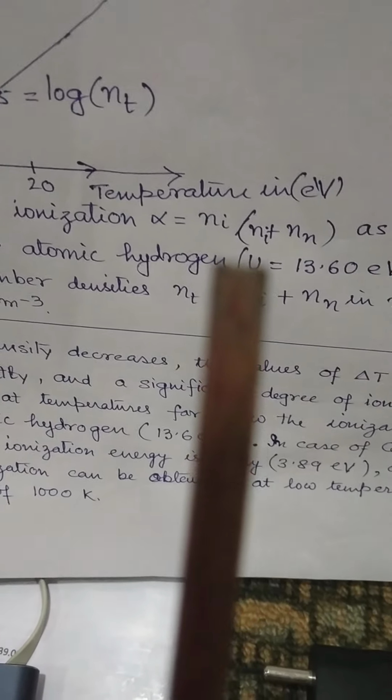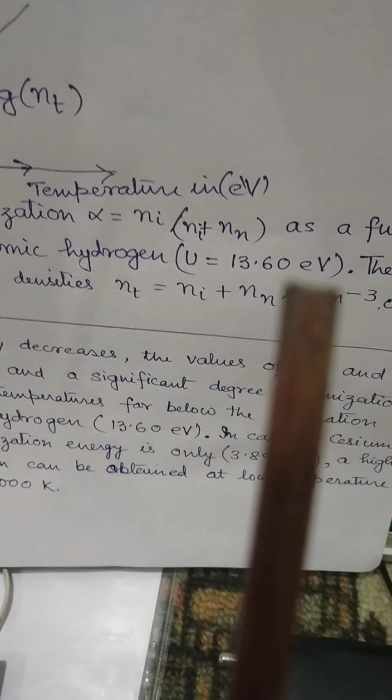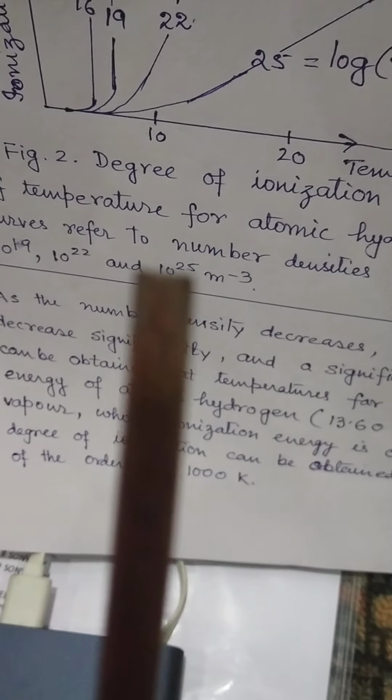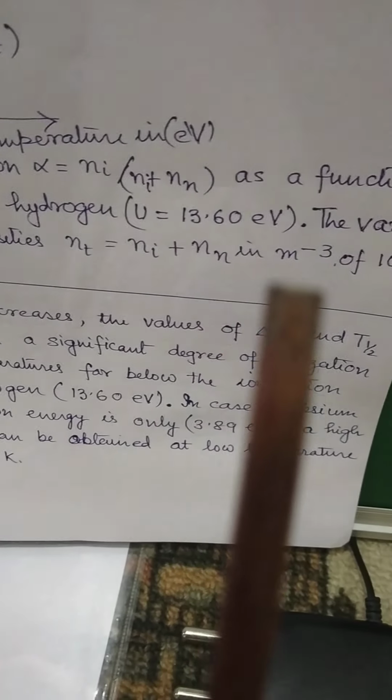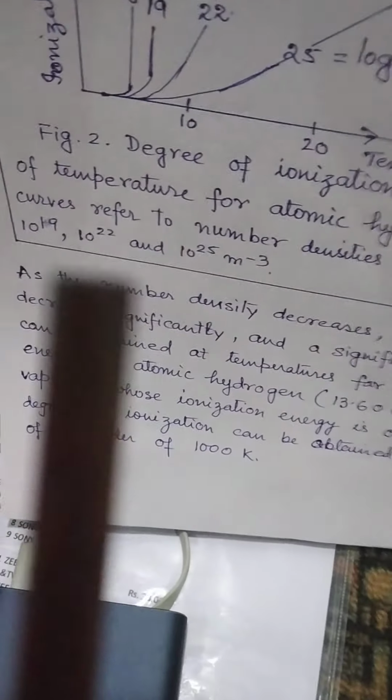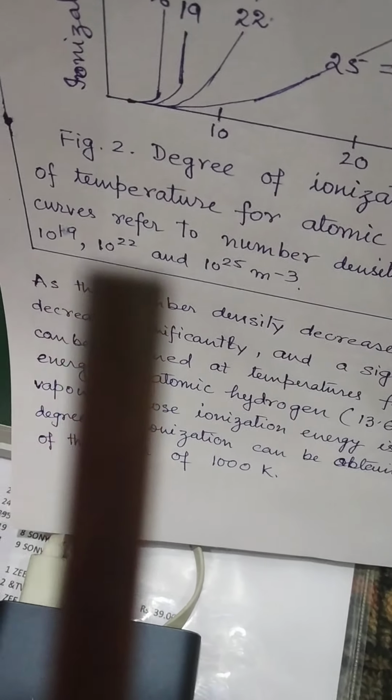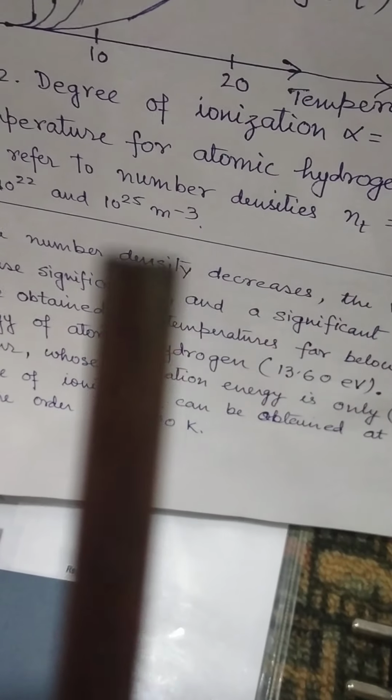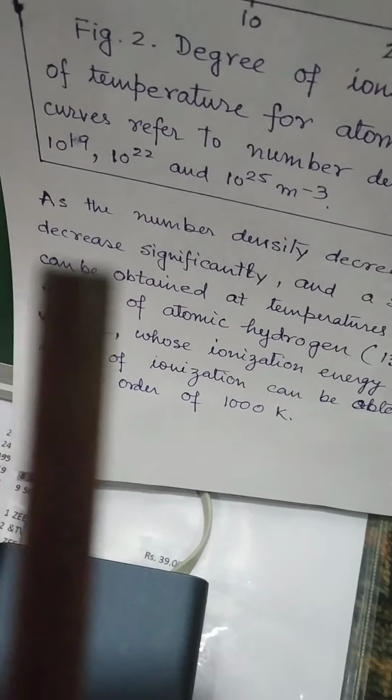Atomic hydrogen ionization potential is 13.6 electron volt. The various curves refer to number densities Nt equal to ni plus nn in meter raised to the power of minus 3 of 10^16, 10^19, 10^22 and 10^25 per meter cube.